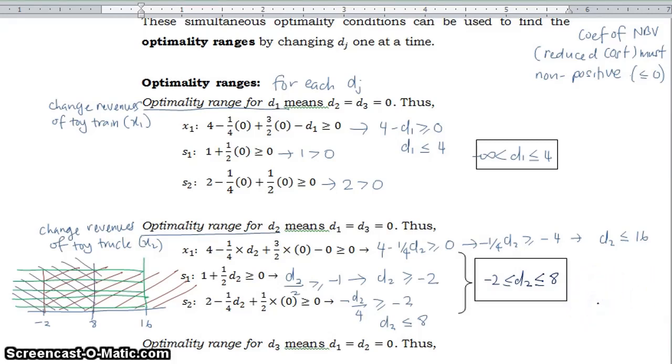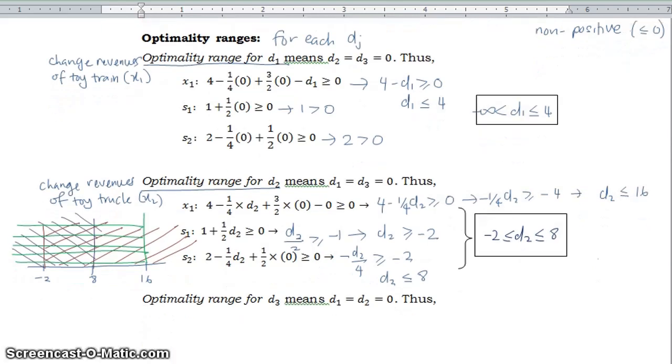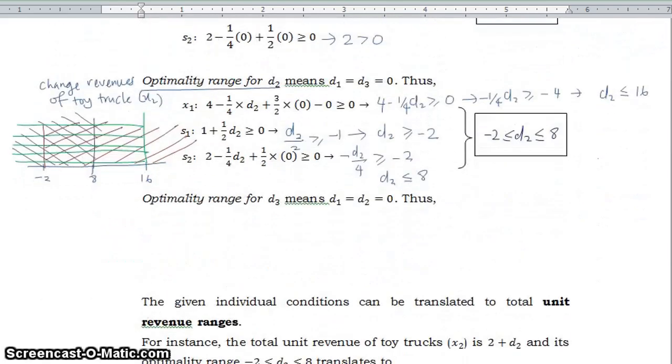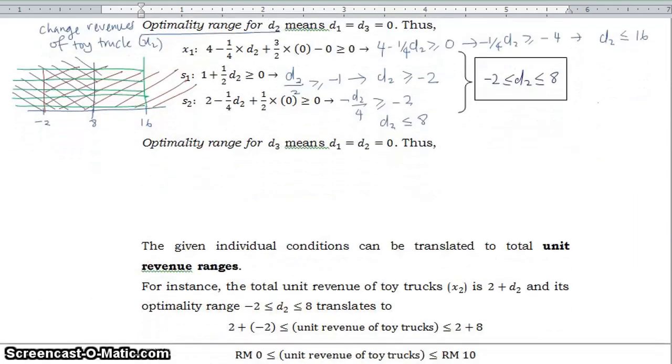Okay, now let's move to the alternative range for D3. Okay, means D1 and D2 are 0. Let's find the range from the reduced cost of X1.